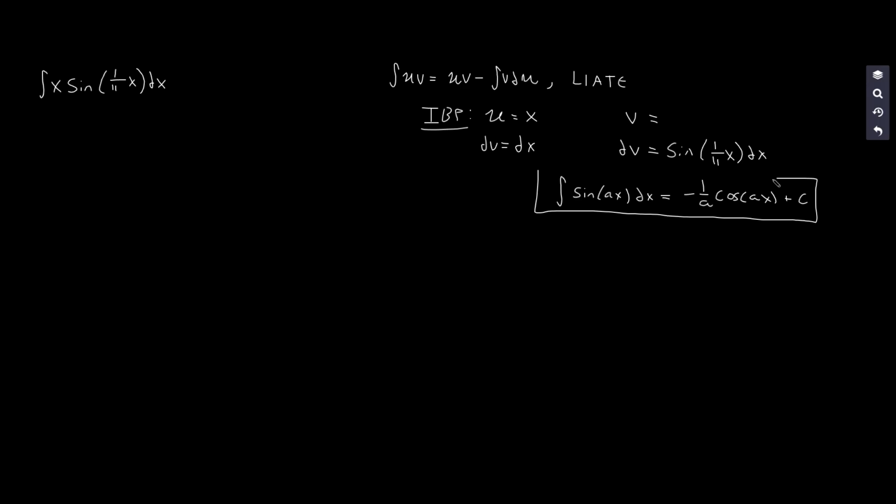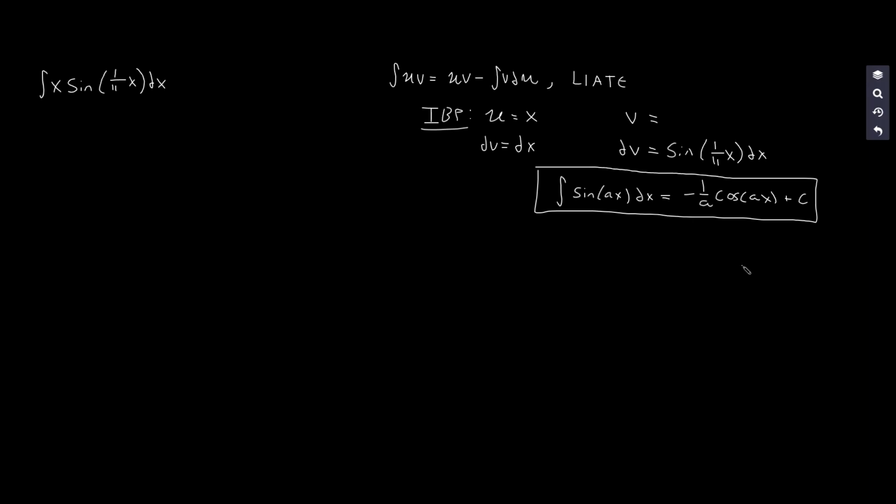That's the formula we need to apply. And I don't think I've said this on this channel, but the general rule is, the integral of sine of a times x with integration with respect to x equals negative 1 over a times cosine of a times x.